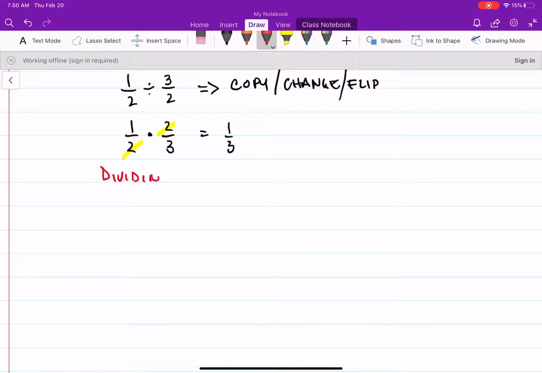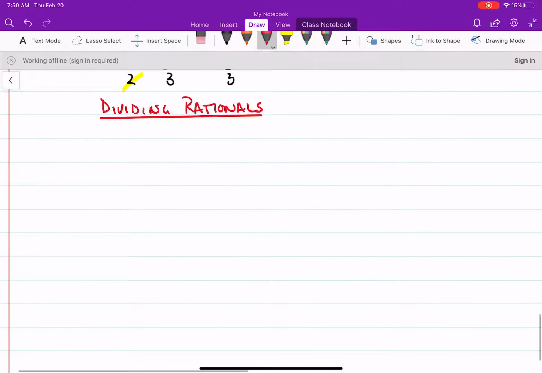Dividing rationals. So with dividing rationals, step one is going to be factor top and bottom.